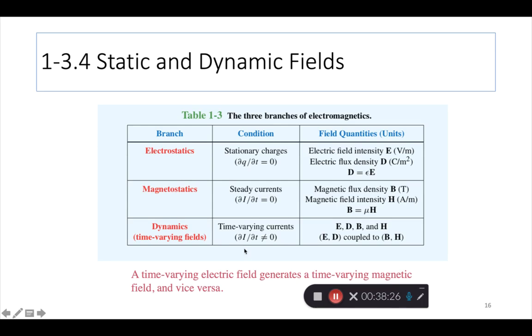When everything is varying, then we call it electrodynamics. And the quantities that we just introduced, they're all shown here. Okay. So this is something that we'll be studying. These next 5 chapters are all about this in the textbook. But here is a summary of the definition of each one of these branches.